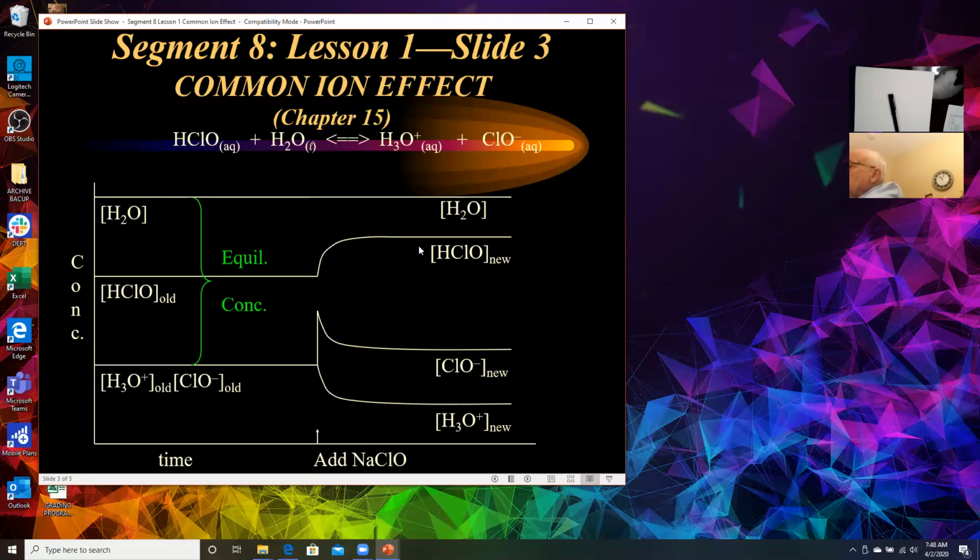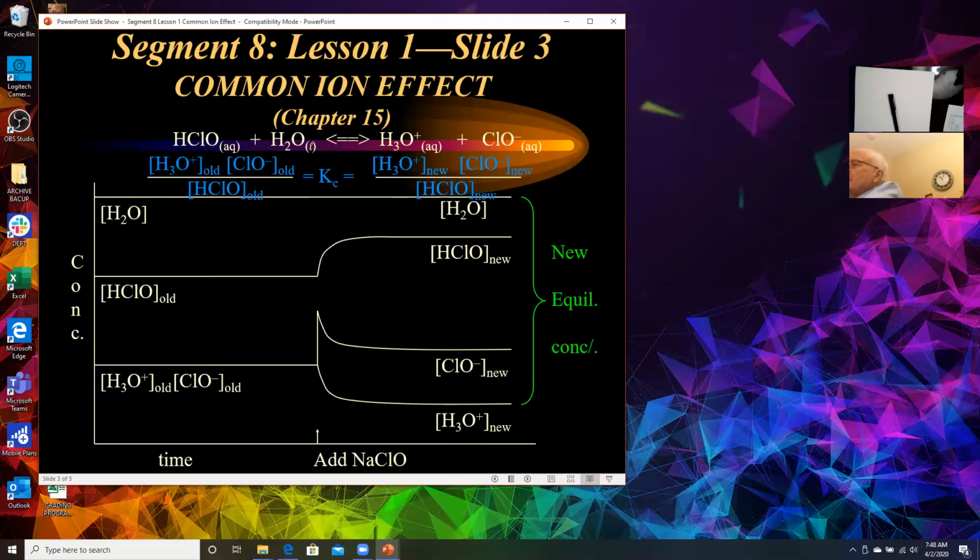And the new equilibrium will be established, and the equilibrium concentrations in this new equilibrium would still equal the Ka for the acid that we started out with.